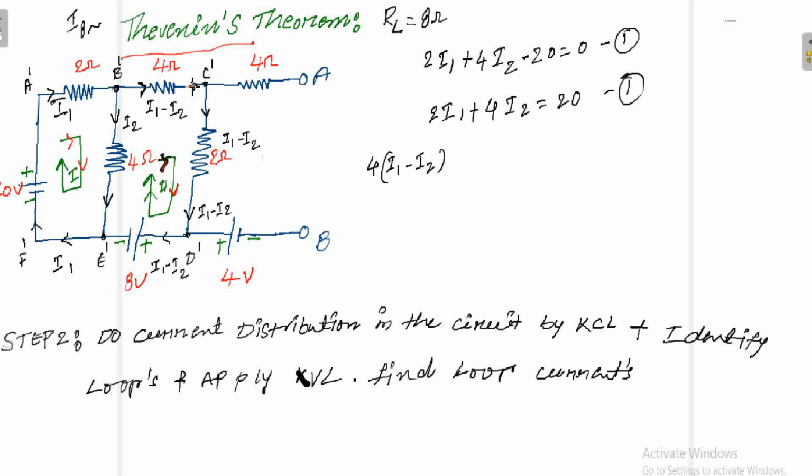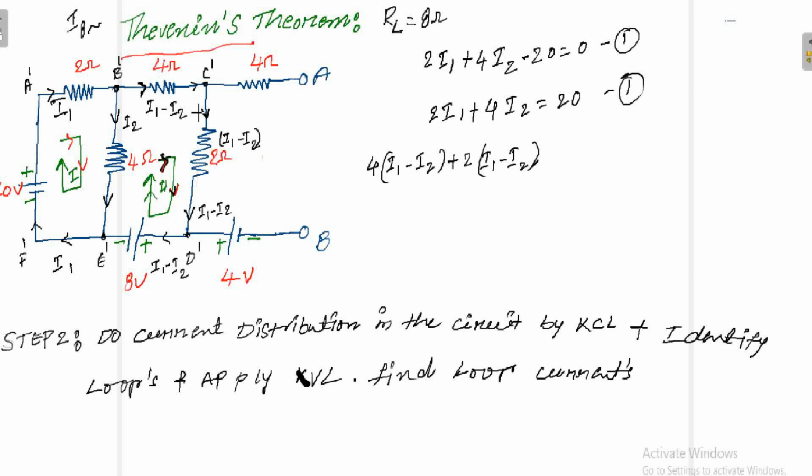Now C' to D' has 2 ohms resistance, and the current flowing is I1 minus I2 in the downward direction. Our loop direction is also downward, so plus 2 into (I1 minus I2).